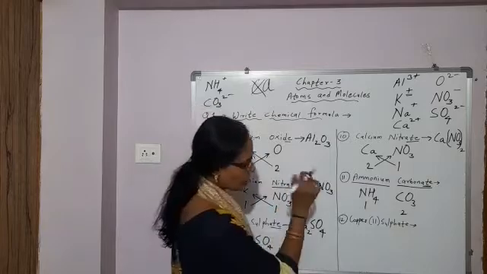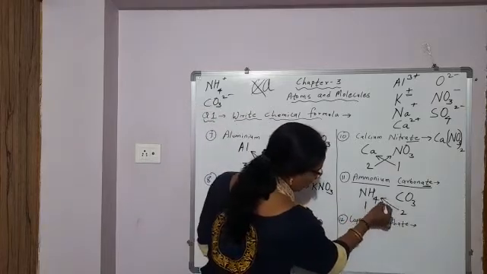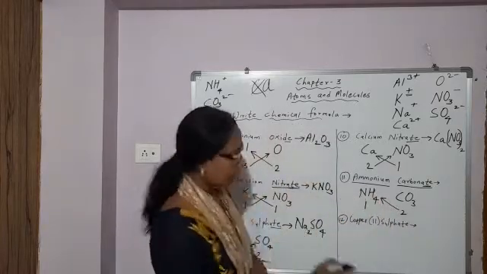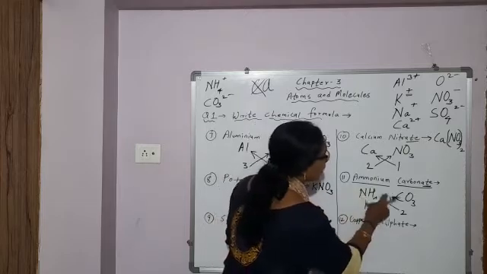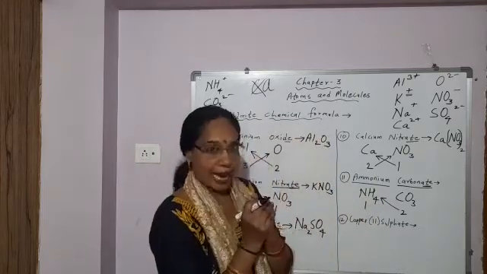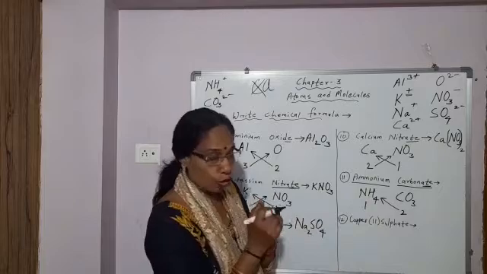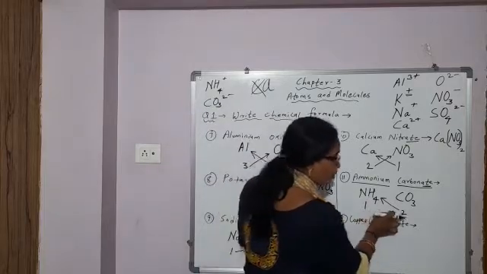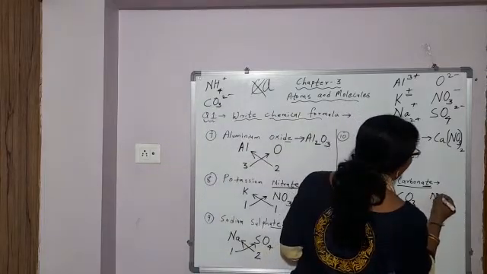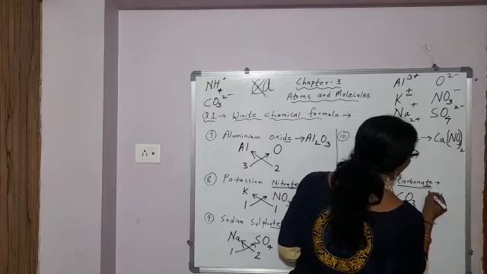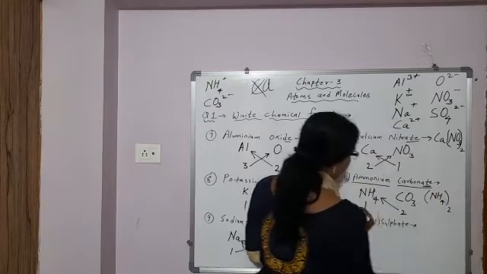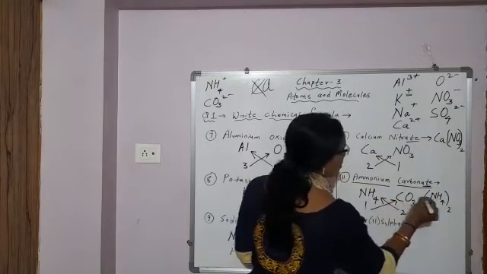So carbonate CO3, valency 2. Now cross multiply. 2 will come with NH4. Again, NH4 is a polyatomic ion, a group of atoms carrying positive charge. So how will you write this 2? You will put a bracket, (NH4) whole twice. And this 1 will go with CO3.